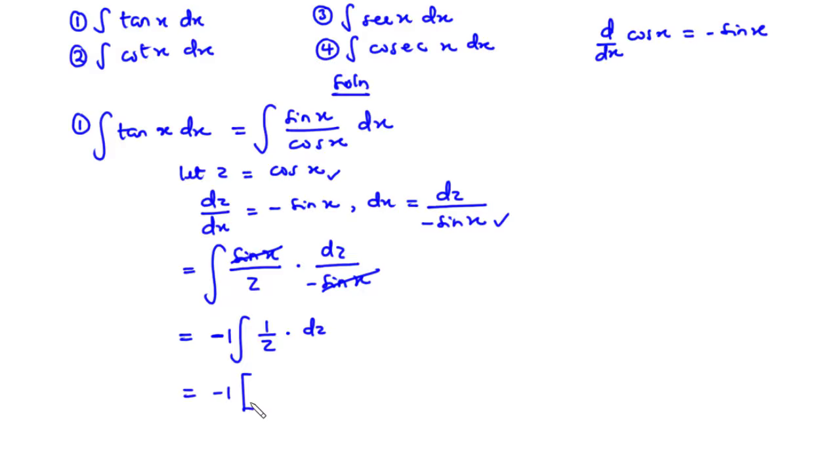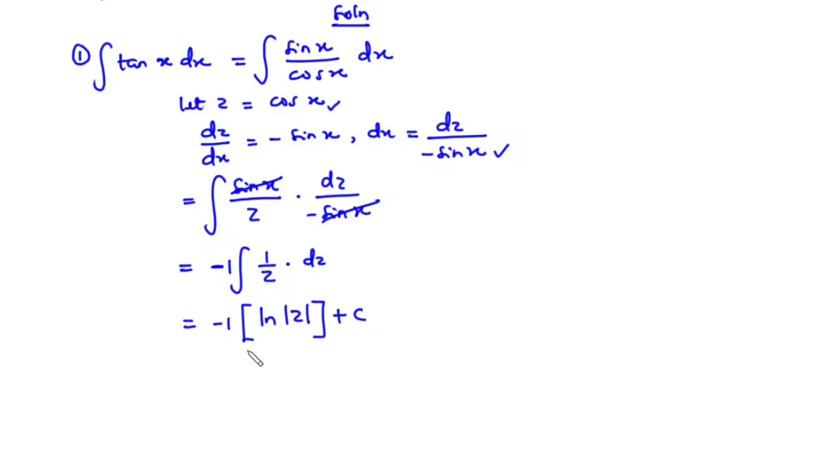Now we know that the integral of 1 over z dz is equal to ln of the absolute value of z plus c. So basically we have this to be negative times ln of the absolute value of z. Now we have z to be cos x, so absolute value of cos x plus c. So basically that is the integral of tan x dx.